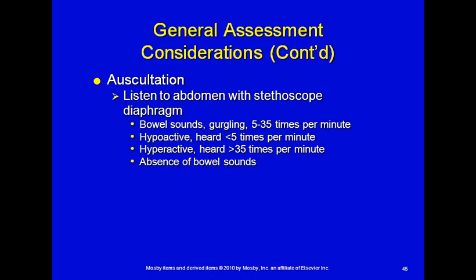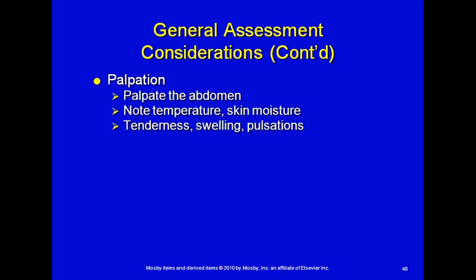You should be able to hear bowel sounds and gurgling somewhere between 5 and 35 times a minute. Hypoactive bowel sounds, that's when you hear them less than 5 times a minute, and hyperactive bowel sounds would be heard more than 35 times a minute. The absence of bowel sounds certainly could indicate either an ileus or a bowel obstruction.